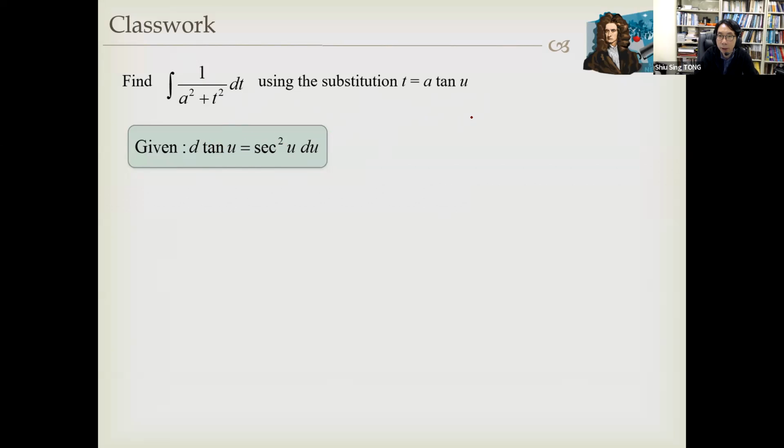You can simply write tangent as sine u over cosine u. So when you apply the quotient rule, that would be cosine square u in the denominator, and you have cosine u times d/du of sine u minus sine u times the derivative of cosine u.